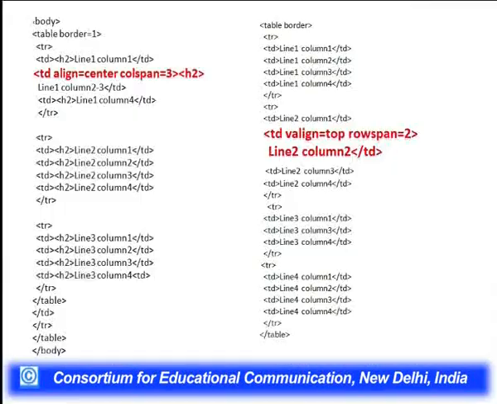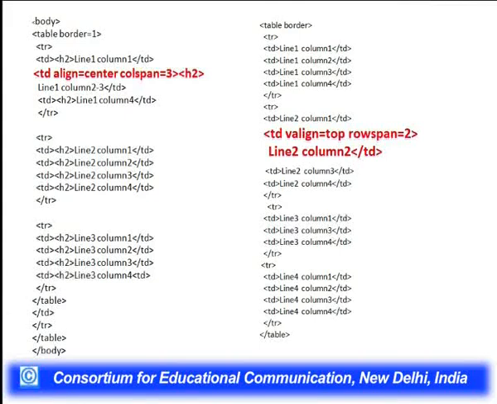Colspan equal to 3 means that 3 columns will be merged to form a single cell in this case. In the second table you can see we are using a rowspan. Rowspan of 2 means that 2 rows will be merged to form a single cell.